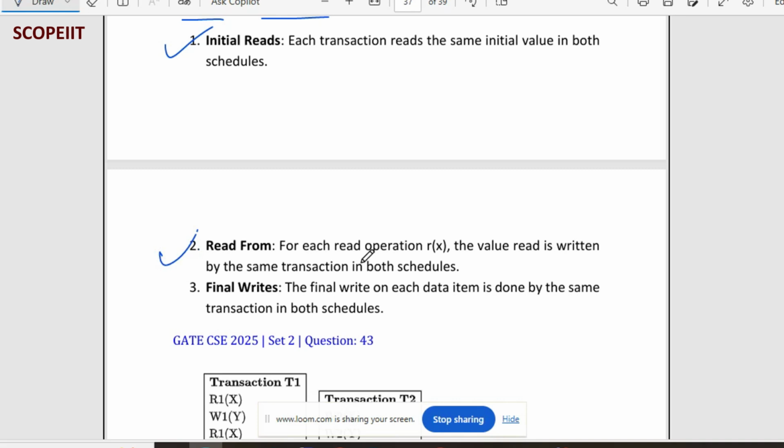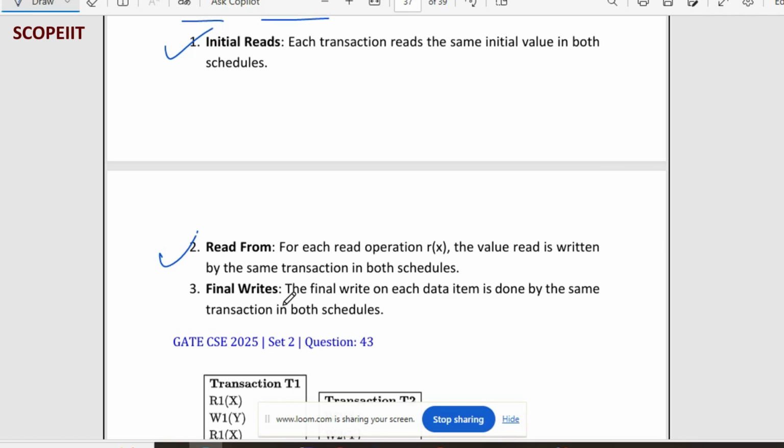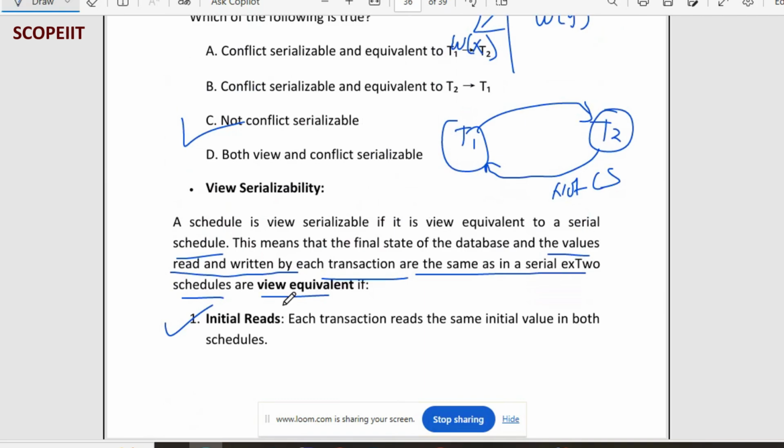That means for each read operation, the value read is returned by the same transaction in both schedules. The third point says the final write, that means the final write on each data item is done by the same transaction in both schedules. So the last write operation should also be performed by the same transaction, and in the middle, we should have a write-read operation. This is the concept that is important for view serializability. I hope it's clear.